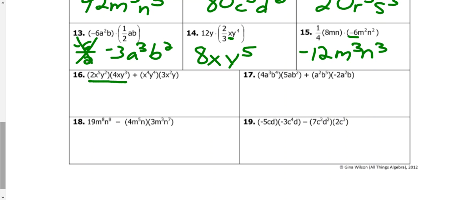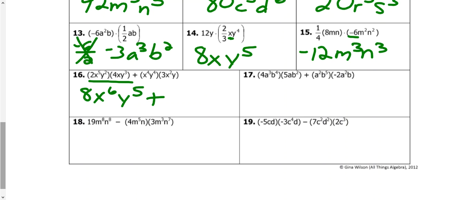We want to look at these terms here, 2x to the fifth y squared times 4xy to the third. 2 times 4 would be 8. X to the fifth and x would be x to the sixth. Y squared times y to the third will be y to the fifth. Then we have a plus sign.